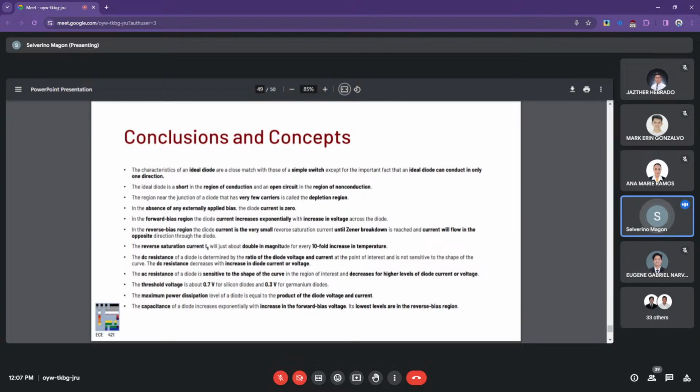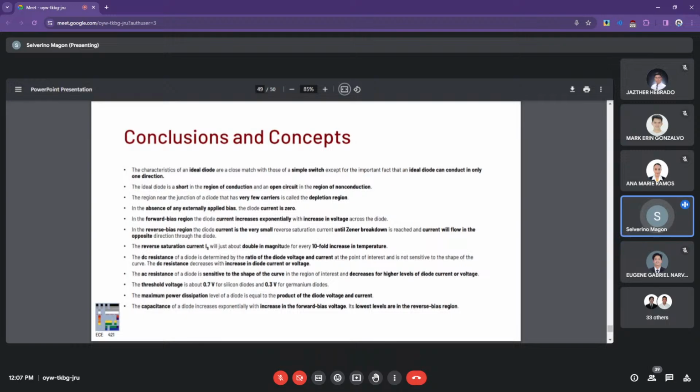As I've mentioned, in many cases or in some commercially available models, if you go beyond this, you tend to destroy the device itself. But there are specific diodes designed to operate in this region, and we will see some of those devices later.